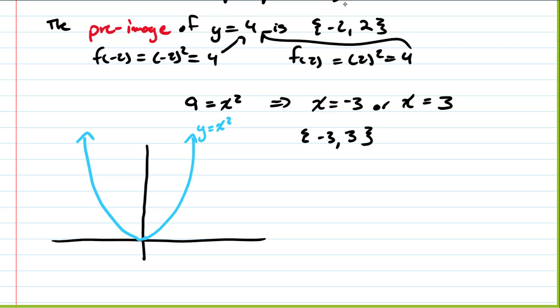And we just found that the pre-image of 4... 1, 2, 3, 4, 5, 6, 7, 8, 9, 10. So the pre-image of 4 gave us 2 and negative 2. And the pre-image of 9, so this is not to scale, gave us negative 3 and 3, right?